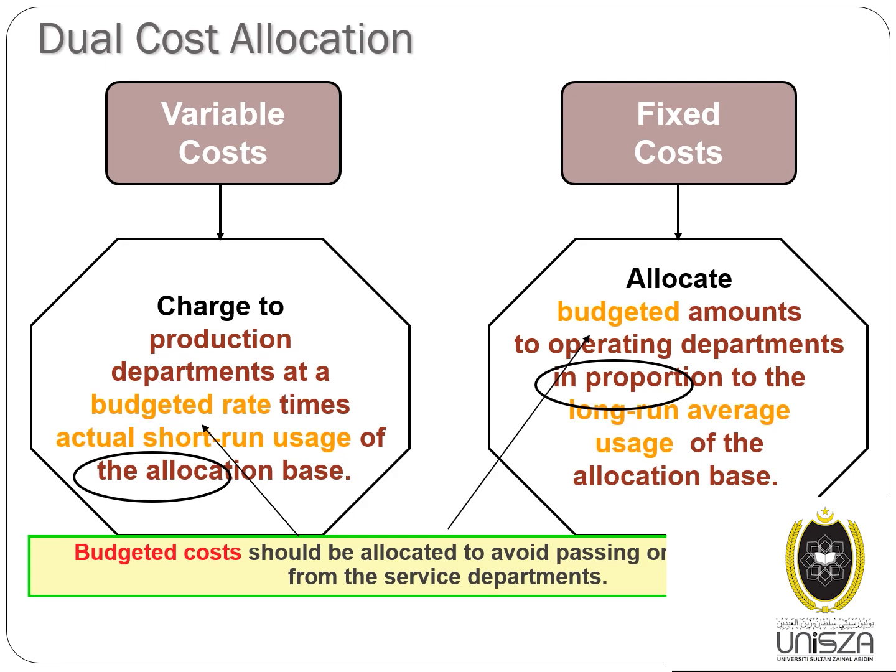We charge the production department at the budgeted rate times actual short run usage of the allocation base. For the fixed cost, we allocate the budgeted amounts to operating departments in proportion to the long run average usage of the allocation base.